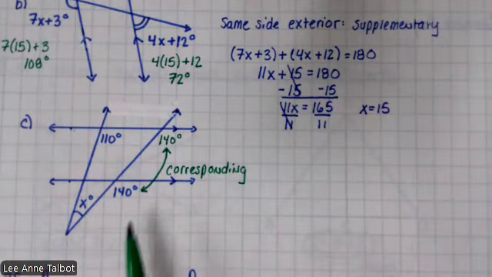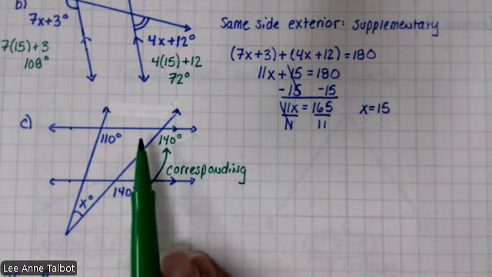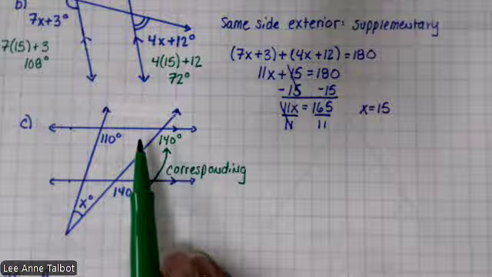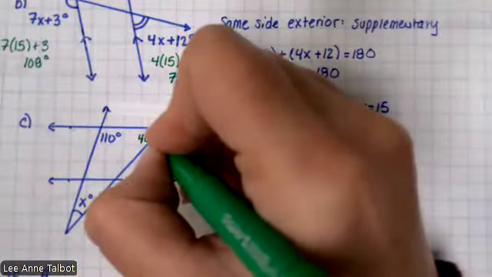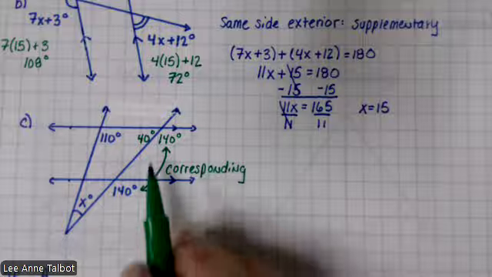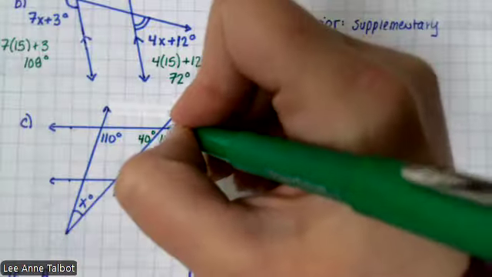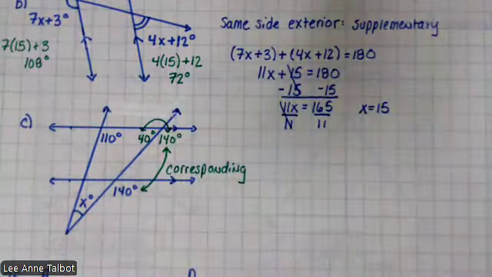Okay. Now, second step. If this is 140, what's this? 40. What is the vocab word between these two? Yes.